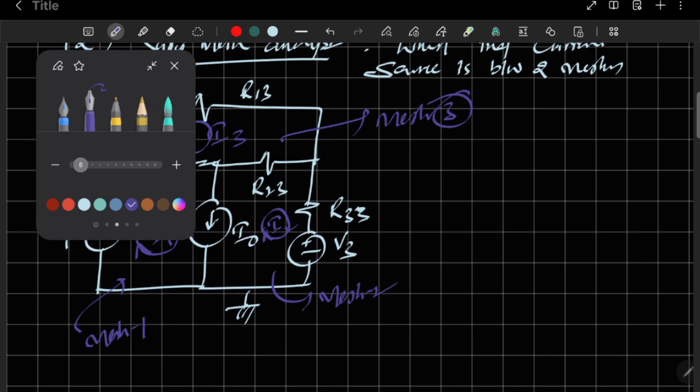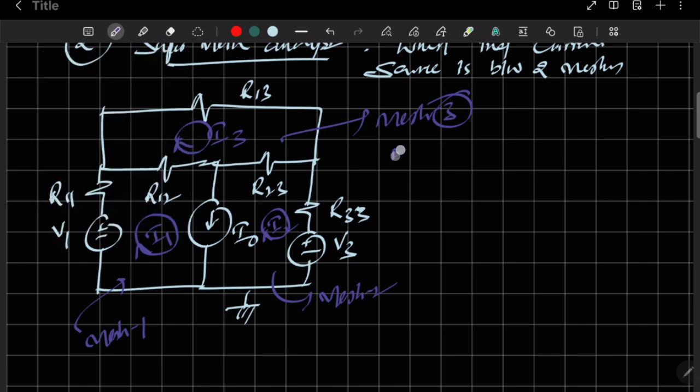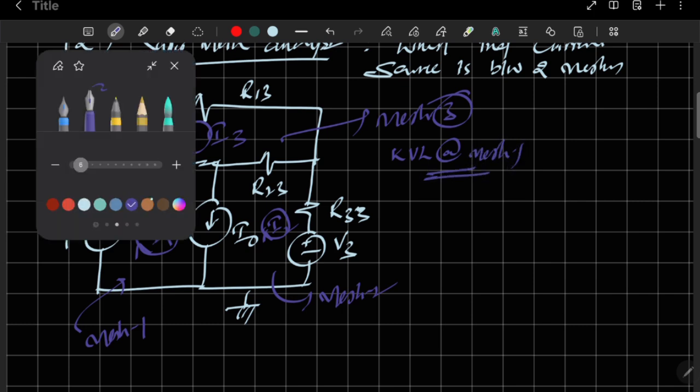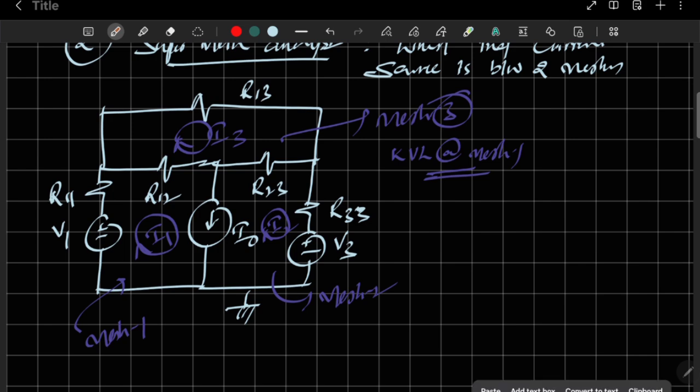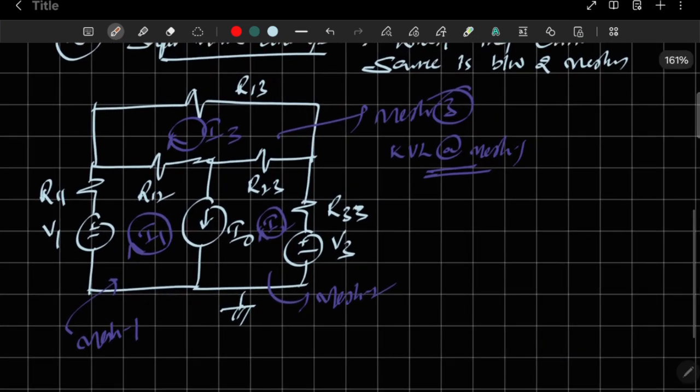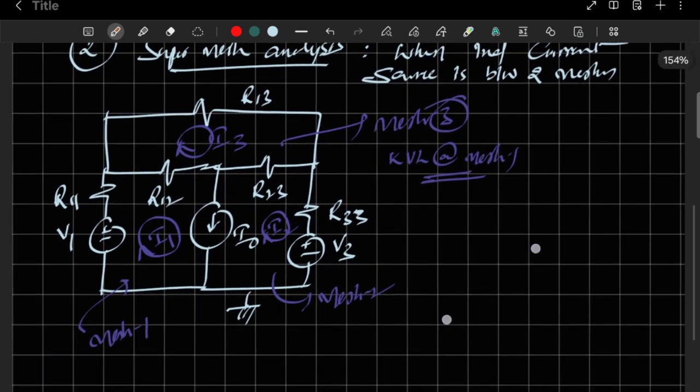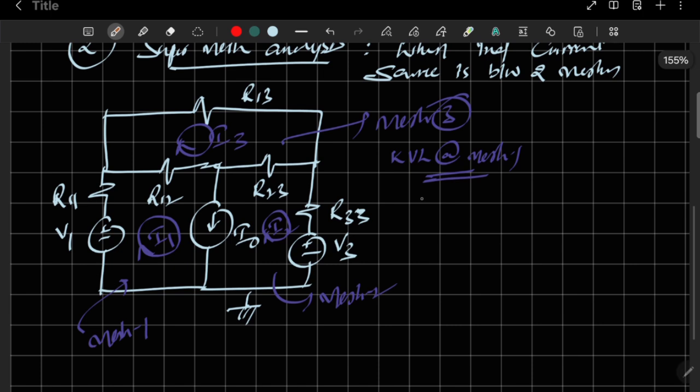So for example, I am going to apply KVL for mesh 1. What will I get? Voltage drops equal to voltage rise.